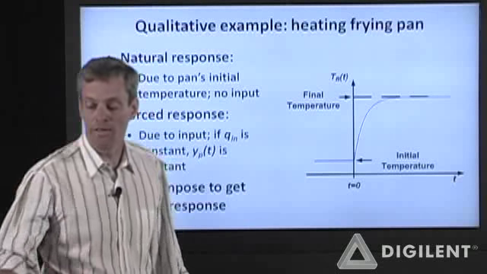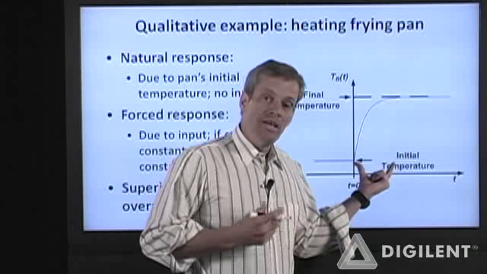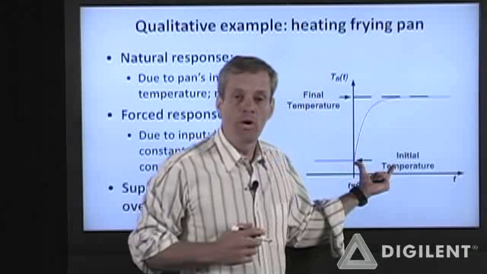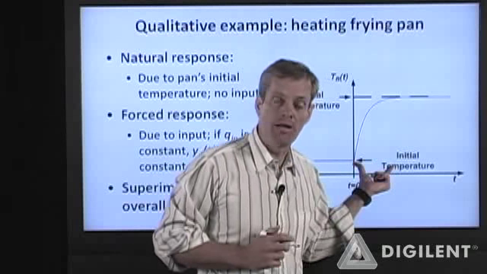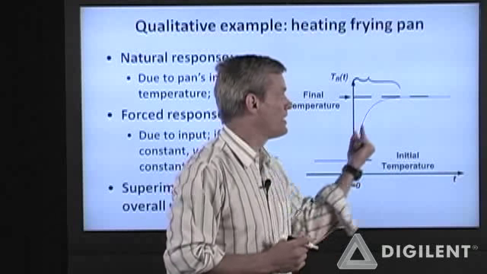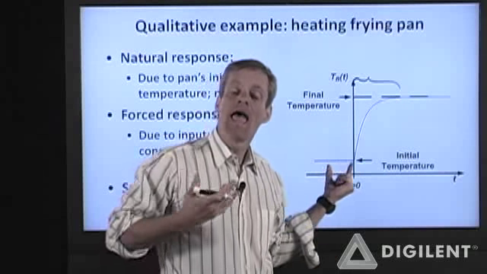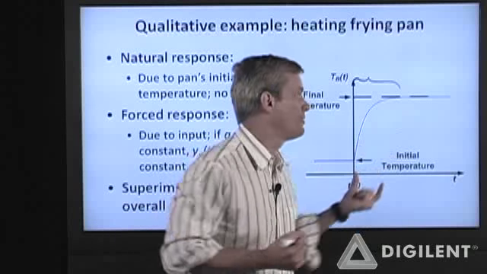Now, a couple of other terminology things. There is contained in this what is called a transient response and a steady state response. The transient response is when things are changing and the natural response is showing up in your overall response.